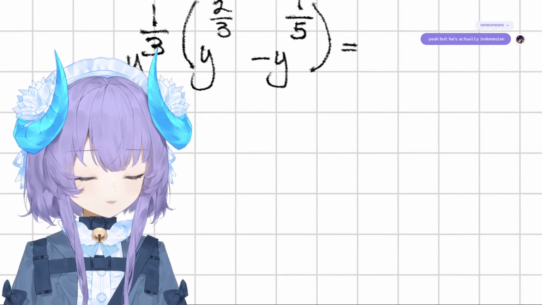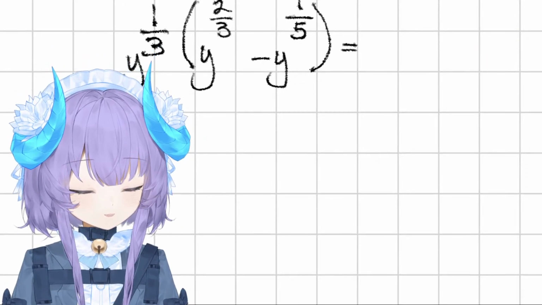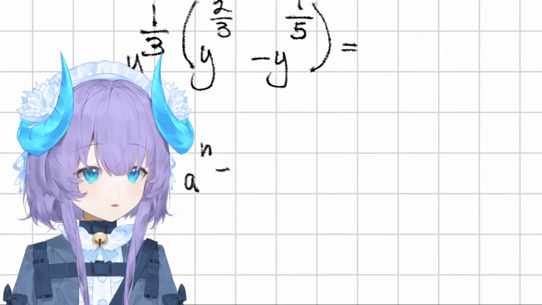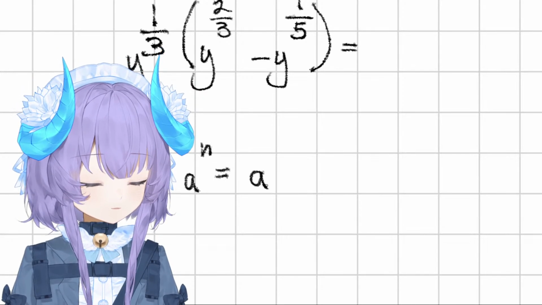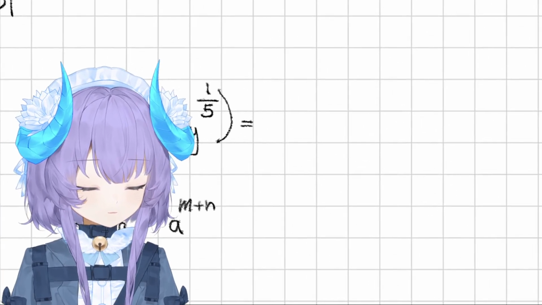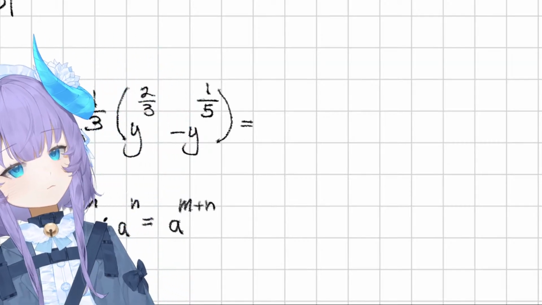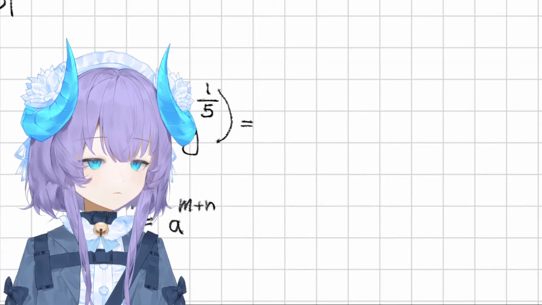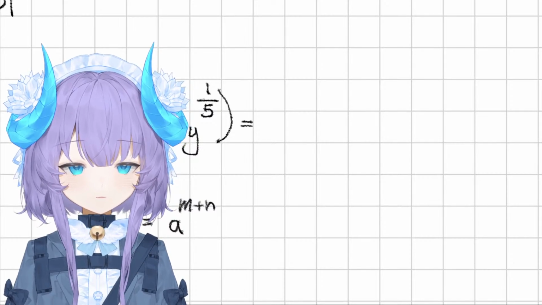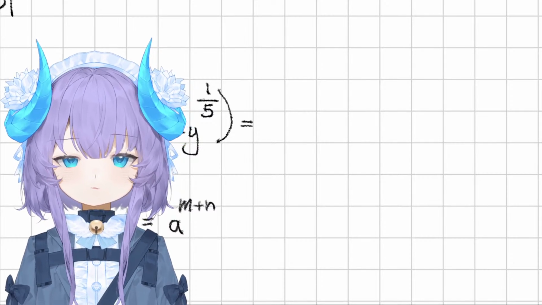So we're using the AN equals M plus... I see.